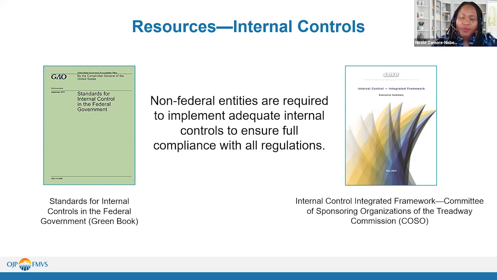The second document is the Internal Control Integrated Framework, and this is from COSO. Both documents provide you guidance in terms of the federal internal control process, and they are very helpful if you're developing your policies and procedures from scratch in your organization. You can utilize them as a guide to help you get started.